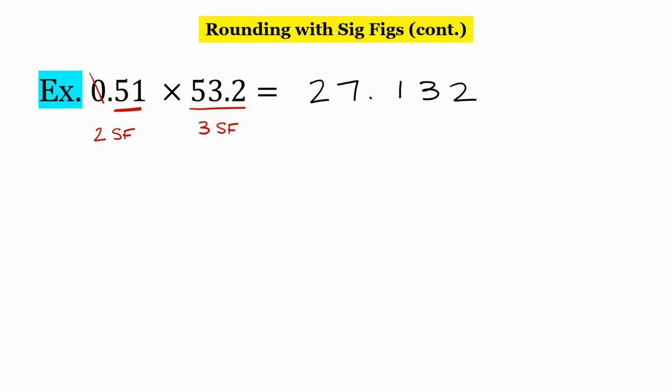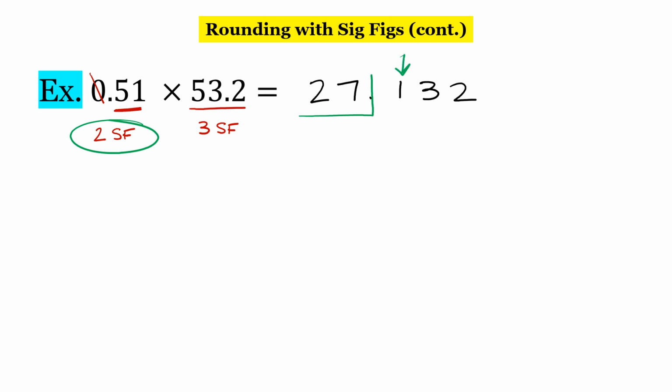Our second rule was round the final answer based on the least number of sig figs in any number. So that would be, whoops, not 3, but 2 sig figs in this case. So 2 sig figs is the least number, and we want to round our final answer to 2 significant figures.